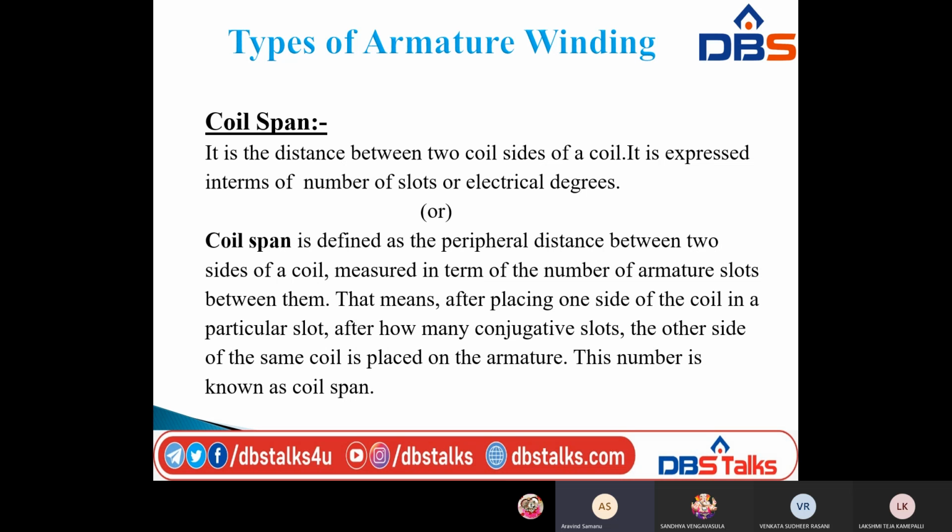Okay, we have two definitions for coil span. One is the distance between two coil sides of a coil, which is also expressed in terms of the number of slots or electrical degrees.